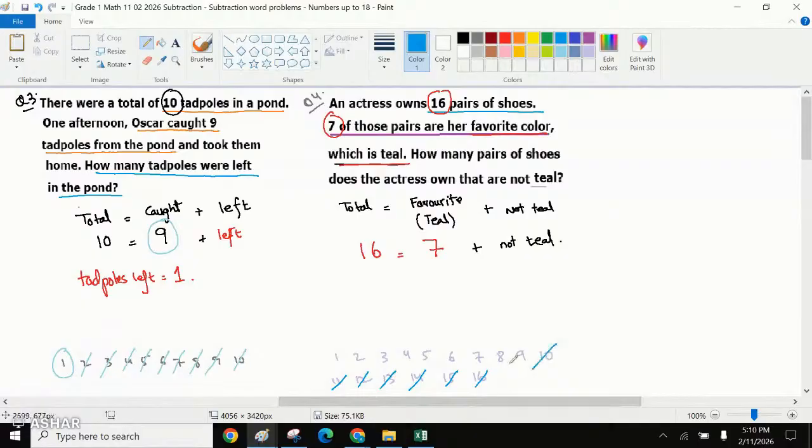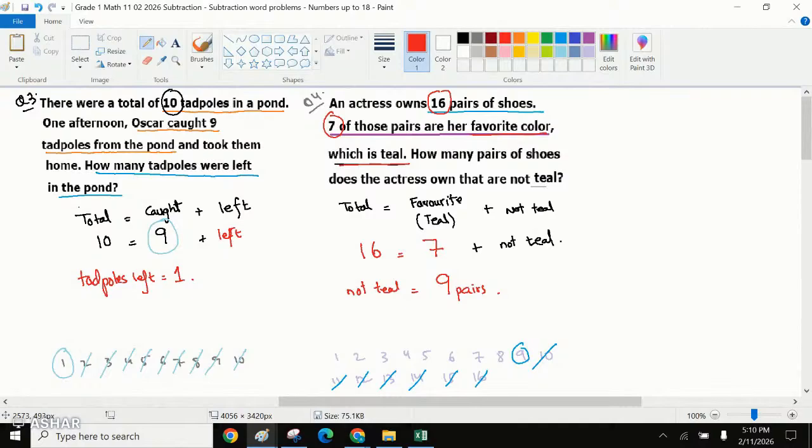We are left with 9. So basically, she has 9 pairs of shoes which are not teal. Do we agree? There are 9 pairs of shoes which are not teal.